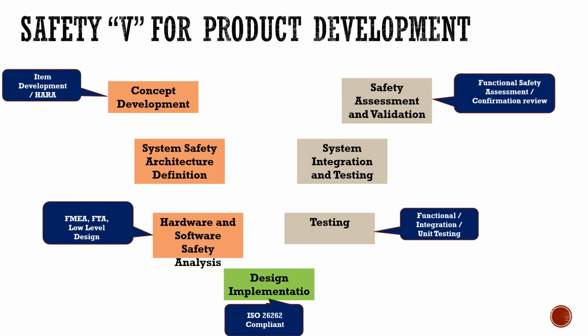After concept development, we will come across the system safety architecture definition, and then hardware and software safety analysis, which deals with FMEA, FTA, and low level design as well, and then design implementation. This is ISO compliant design implementation, and the testing is unit testing, integration testing, functional testing, and system integration testing as well, and then safety assessment and validation.